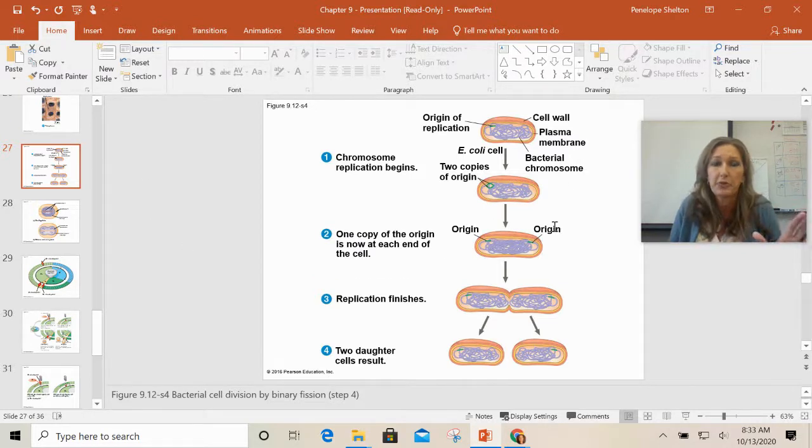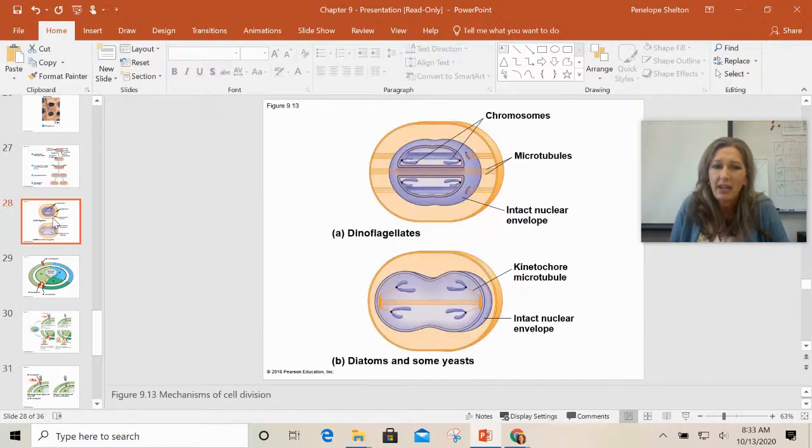So this is prokaryotes, and then mitosis is in eukaryotes. But we also have to be aware that there's a big difference between the two, so we actually have intermediates. In our kingdom Protista, we see different types of cell division that are the in-betweeners of binary fission to mitosis. Here, I can be dividing the nucleus, and I've got some different forms of microtubules, but the nucleus itself isn't quite separated. It doesn't break down like in mitosis.